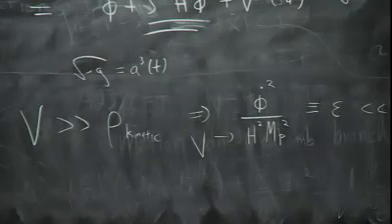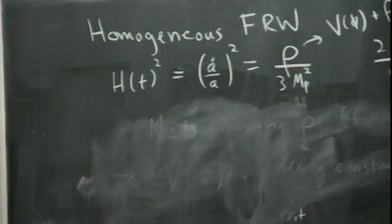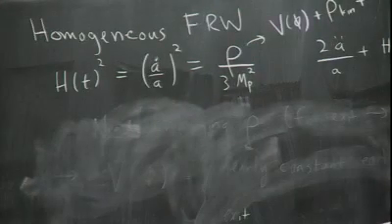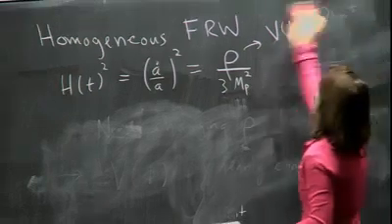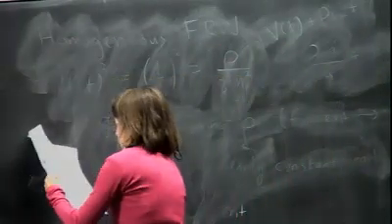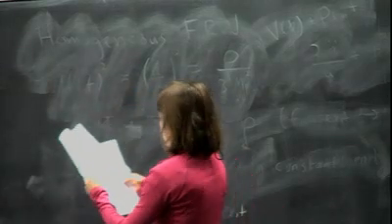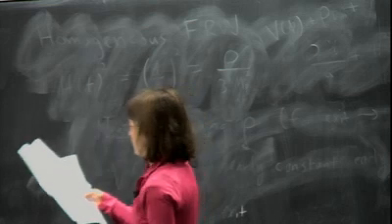Again, from here I just use V equals 3H squared M Planck squared.